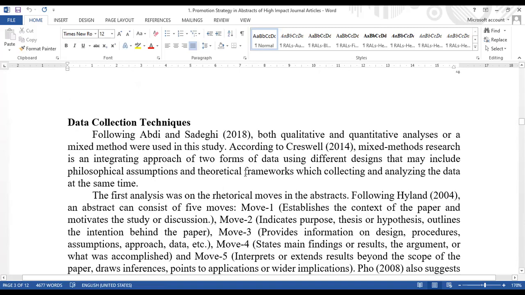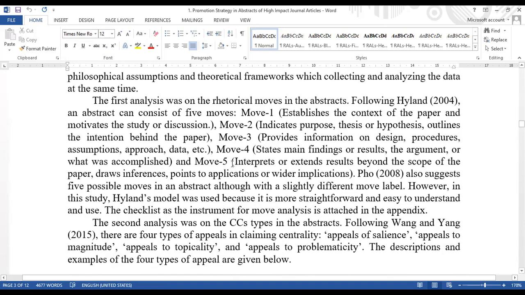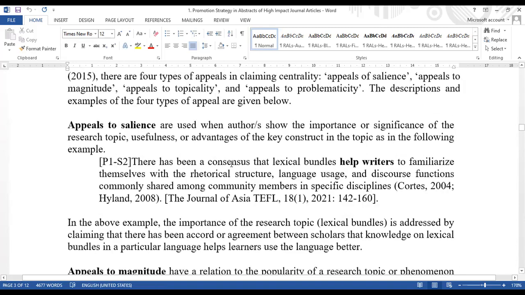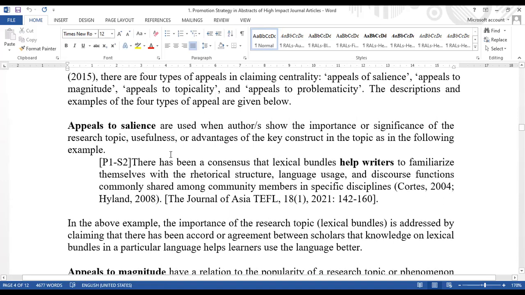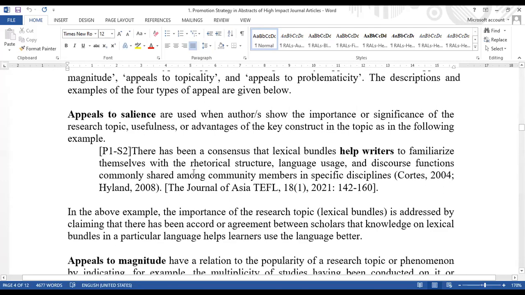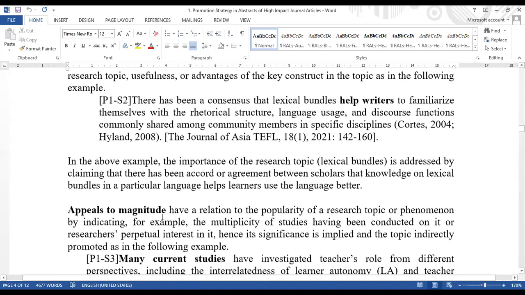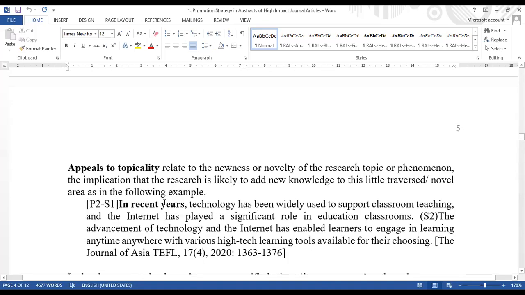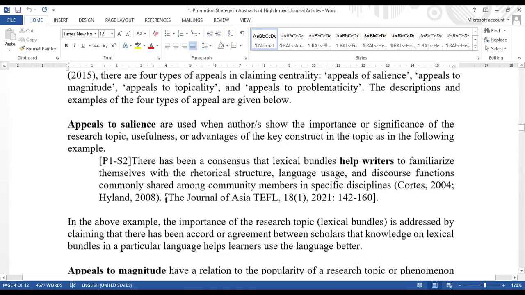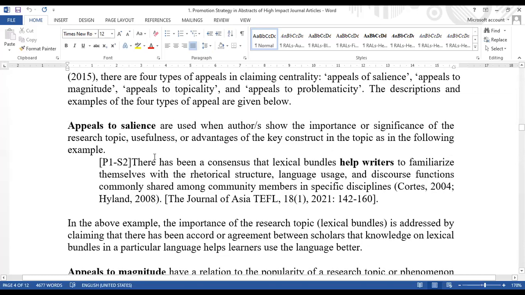So, data collection technique. I mentioned here, using the instrument. See the example of salience, example of magnitude, example of topicality. Look at number 1. Salience, the important. There has been a consensus that lexical bundles help writers to familiarize. So this is classified as salient, important.